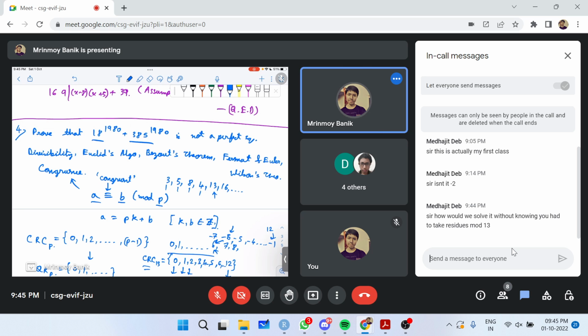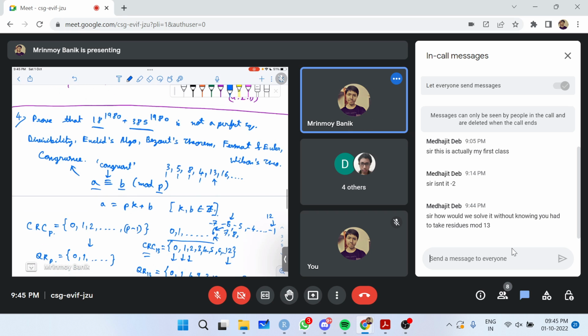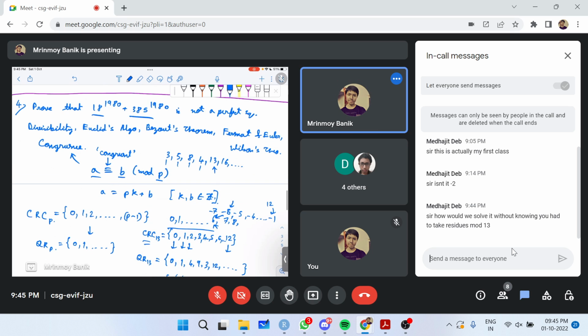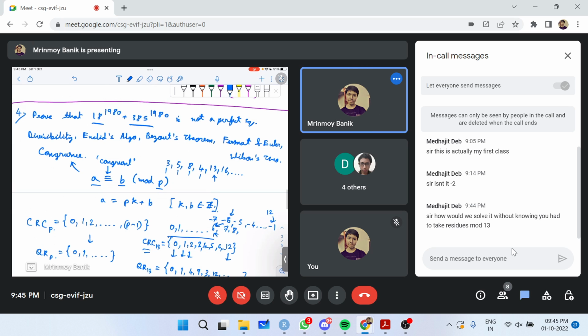But I had given the hint to look at congruence modulo 13, so that made it pretty easy. So there is no other way than trial and error, finding which residue to take. You got it?